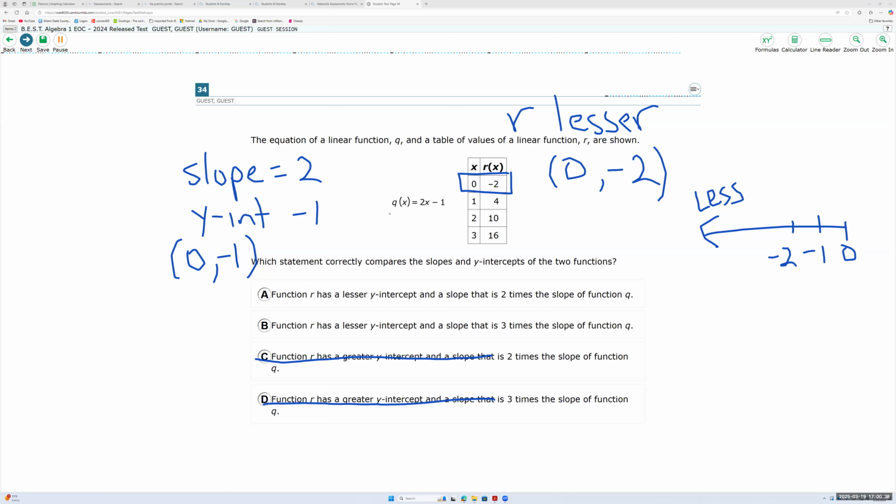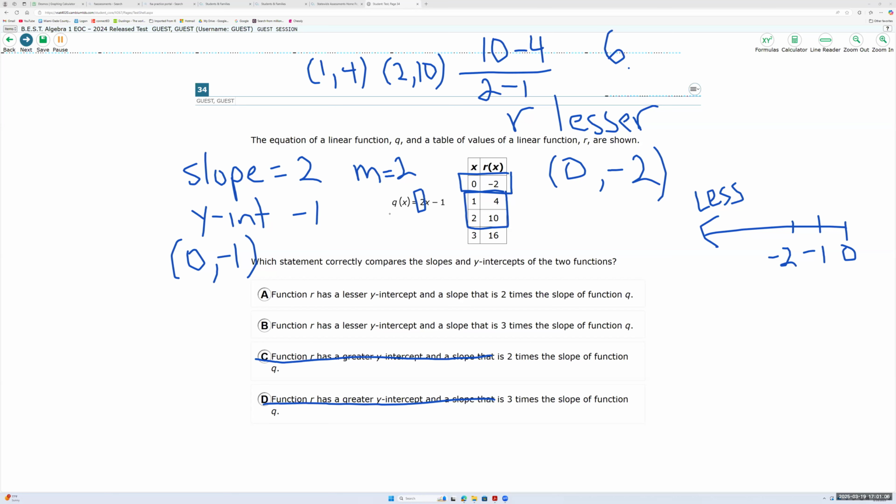The slope here is 2. What is the slope here? Well, we could do the slope formula with the points 1, 4 and 2, 10. This is going to be 10 minus 4 over 2 minus 1. 10 minus 4 is 6 over 1, so the slope is 6.